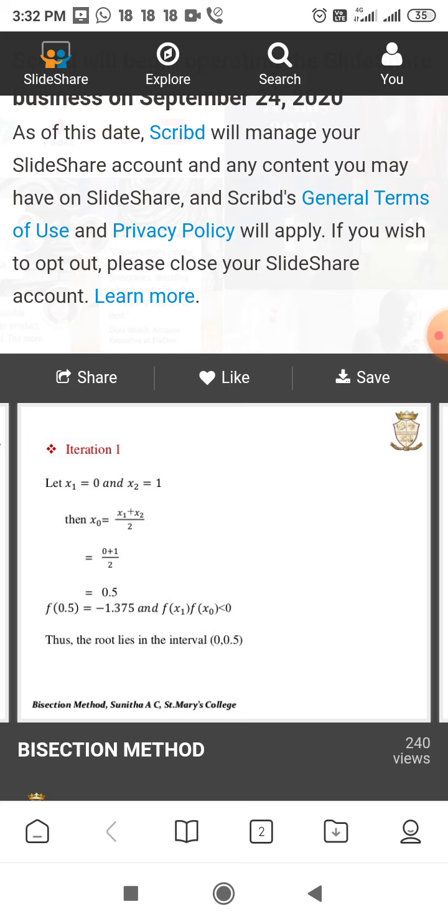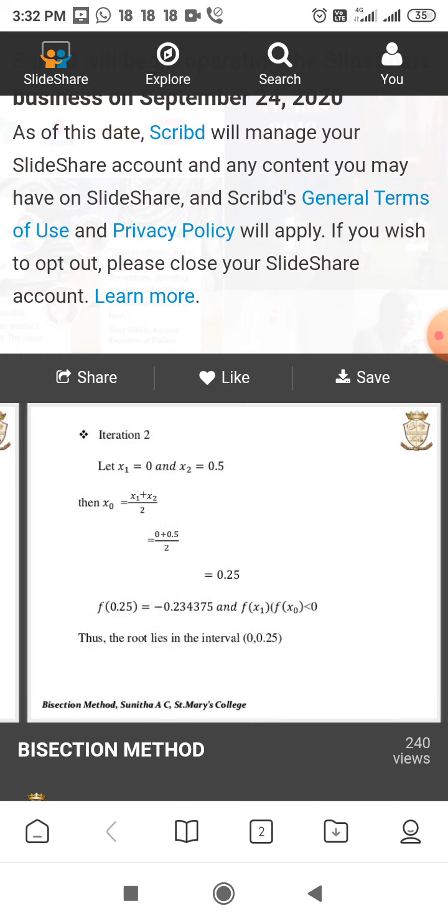It means the root lies between 0 and 0.5. The root lies in the interval 0 to 0.5.